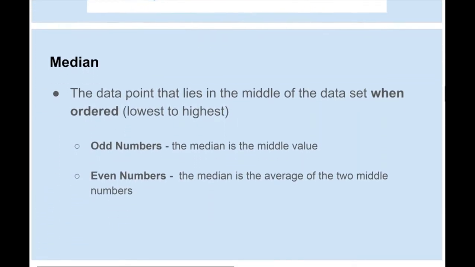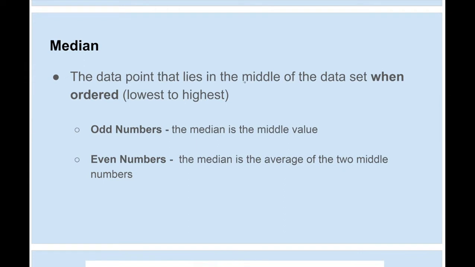The median is another word for the middle point, or the data point that lies in the middle. And the key thing is it's in the middle of the data set when ordered. So we need to order our numbers from lowest to highest first before we figure out what the middle value is.